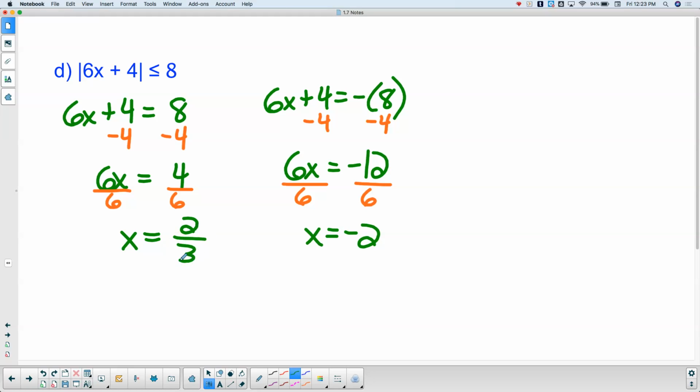That would be awesome. We're okay with leaving it in fraction form? Yeah, we're definitely okay with leaving it in fraction form. What if we put 0.6 there? I would rip up the paper and throw it away. Really? Wow. Okay?